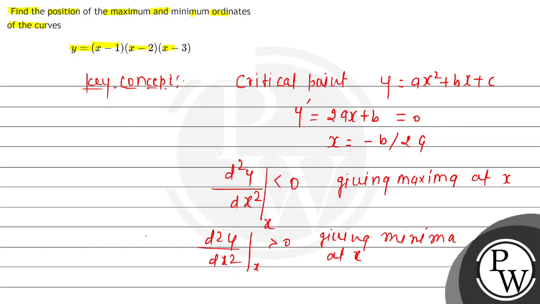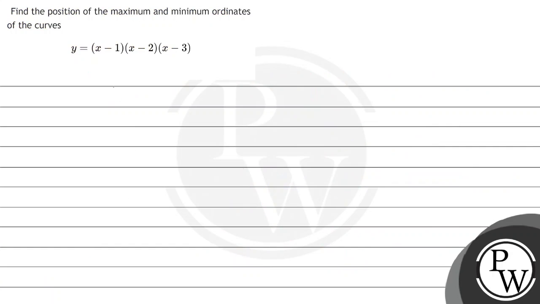First we have to differentiate with respect to x in order to find the critical point. So we have y = (x - 1)(x - 2)(x - 3). Whenever such functions are multiplied, we take the log.